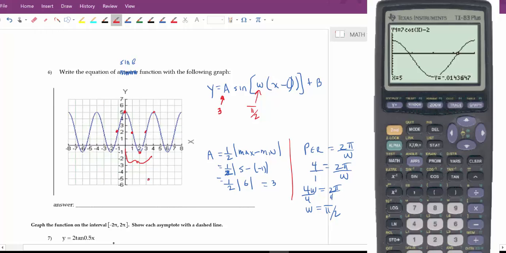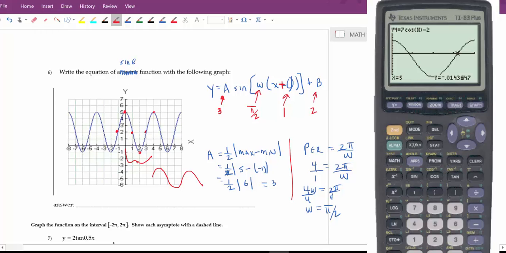It starts at 0, 0, hits its max, then goes like that. If you look at this point right here, this has phase shifted to the left 1 unit. So we put a 1 there, and since it's going to the left, we make that a plus. And then that midpoint has clearly moved up 2 units.